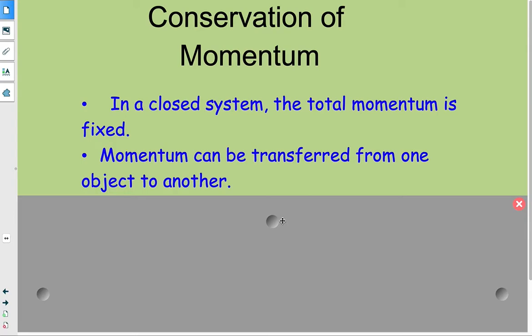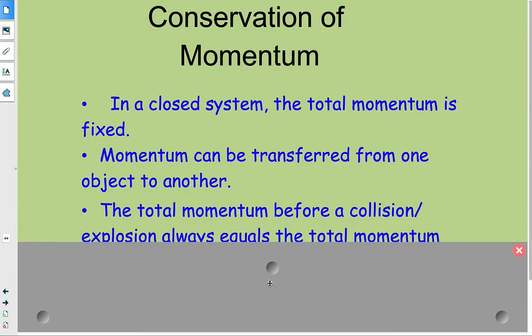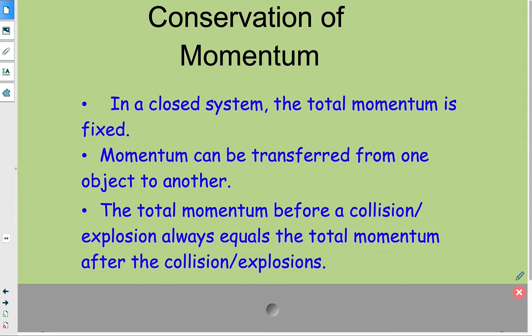The cue ball hits another ball, and the momentum from the cue ball goes into that ball and makes it move. So you can transfer momentum between objects, but the total momentum is always going to be the same. So the total momentum before your collision or before an explosion always equals the total momentum after the collision or the explosion.